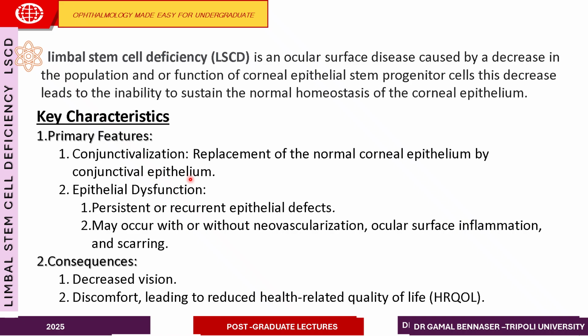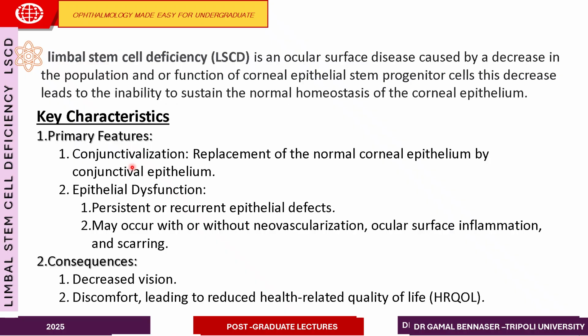In the presence of deficiency in these limbal stem cells, the primary feature is conjunctivalization of the surface of the cornea. This is a very strong marker for limbal stem cell deficiency, due to replacement of the normal corneal epithelium by conjunctival epithelium.